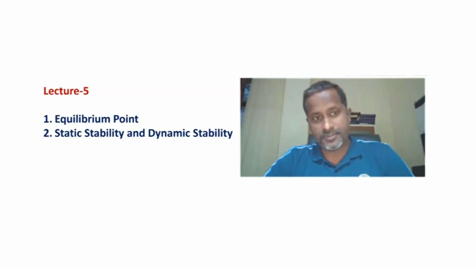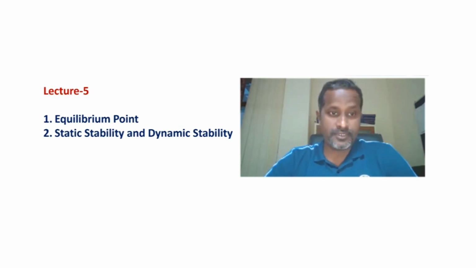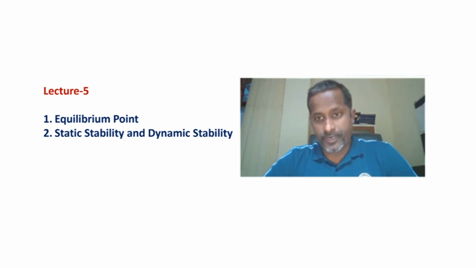In this lecture, one of the most important points we'll be discussing is the equilibrium point, or trim point, or fixed point, from a different perspective. Based on the equilibrium point, we'll see how we can define the stability of the system. There are two types of stability we'll be discussing: one is static stability and the other is dynamic stability.